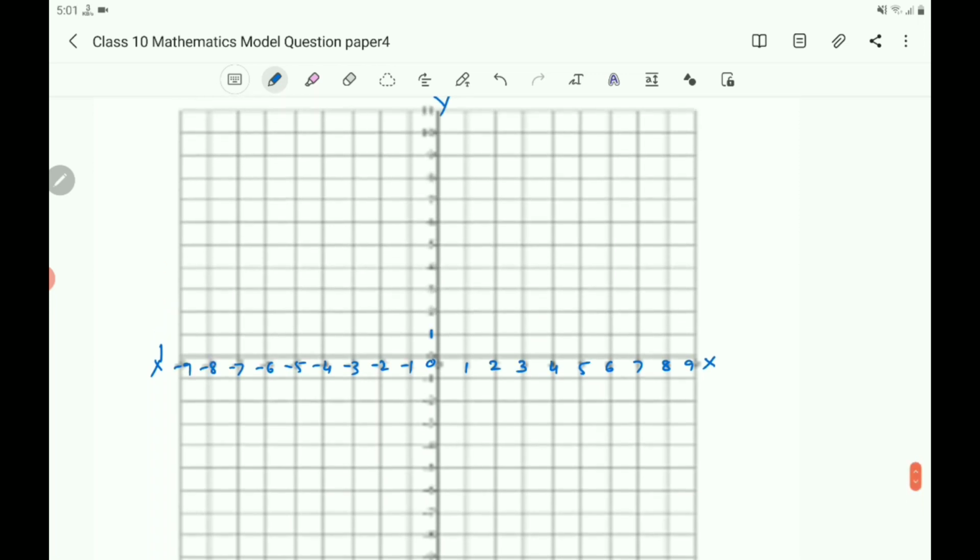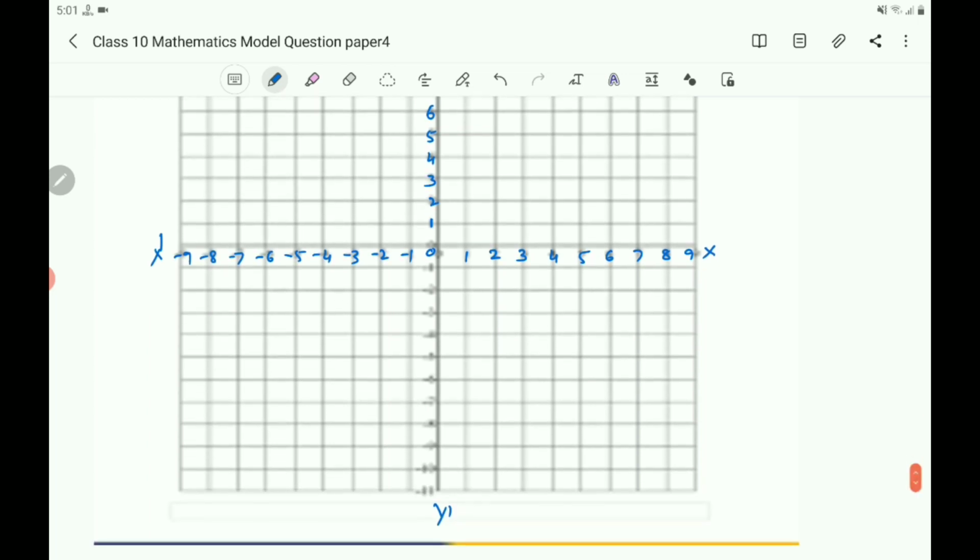And next you take 1, 2, 3, 4, 5, 6, 7, 8, 9, 10, 11. Here you take minus 1, minus 2, minus 3, minus 4, minus 5, minus 6, minus 7, minus 8, minus 9, minus 10, minus 11.